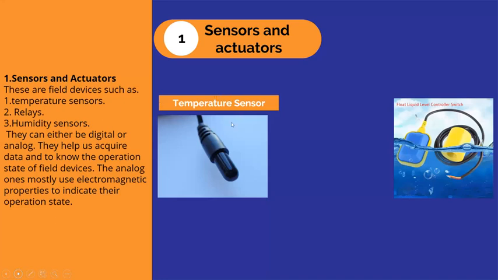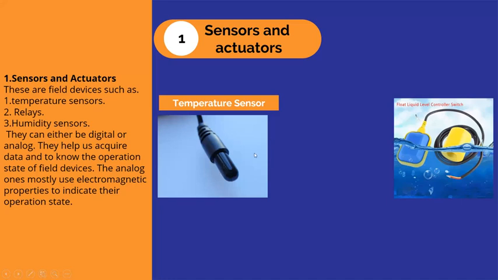The sensors, as I have said earlier, are field devices that help us to get digital signals from digital or analog signals in the field. Examples of sensors are the temperature sensor, relays, and humidity sensors, and these field devices usually collect data, either in the form of a digital signal or an analog signal.